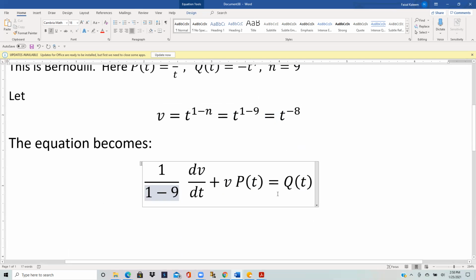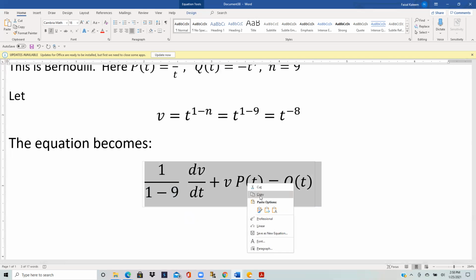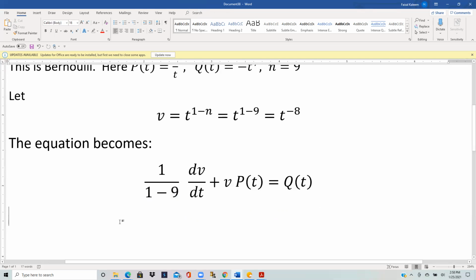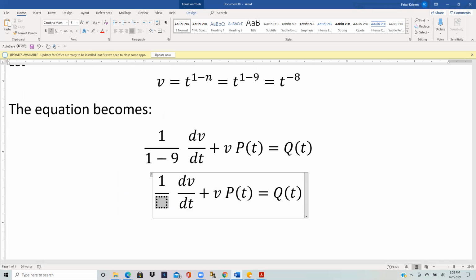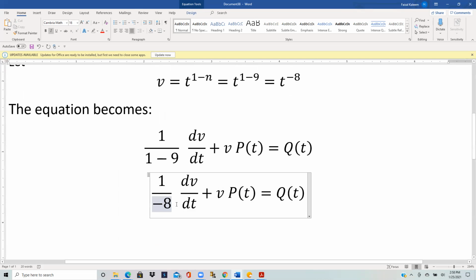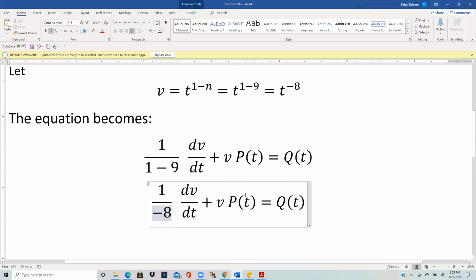Now, in the next step, we'll substitute what the p of t and q of t are. So this would become 1 over negative 8 dv over dt, and p of t is 1 over t.